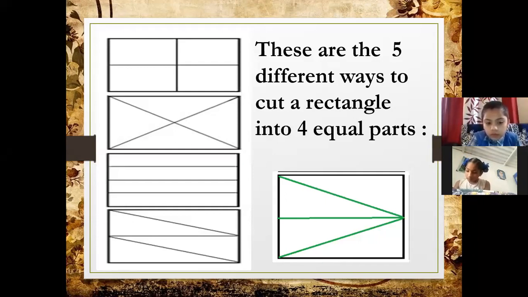So if you want, you can copy this. 5 are already there in the PPT and extra also I have given here. Five different ways of cutting a rectangle into 4 equal parts.